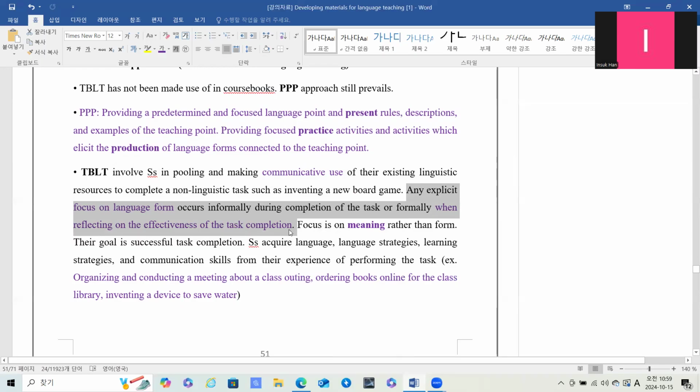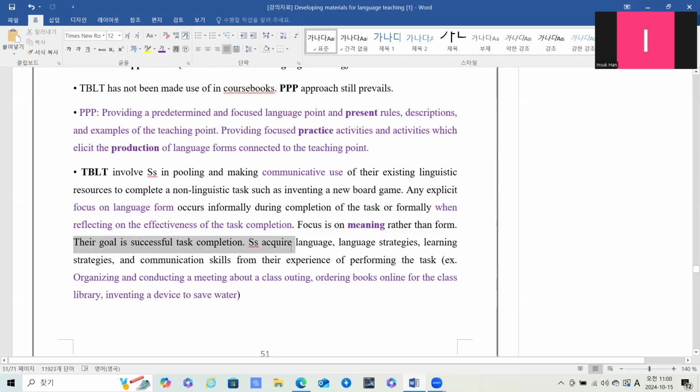By wrapping up the task activities, the teacher explains the grammatical structures to the students at the end of the lesson and has the students solve some related questions. Focus is on meaning rather than form. Their goal is successful task completion.